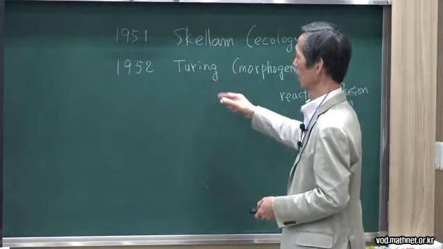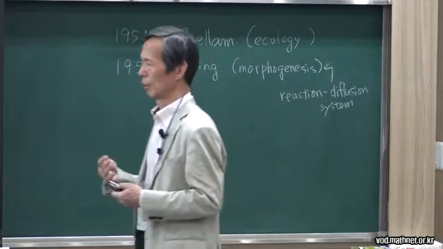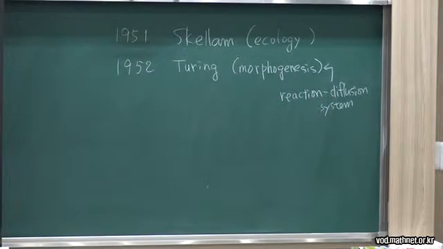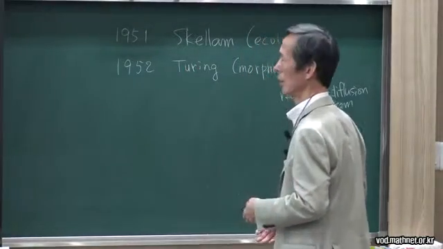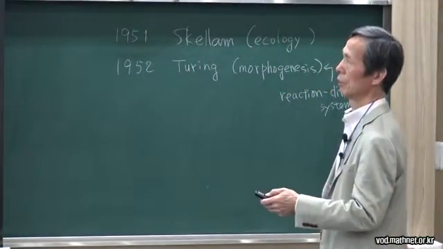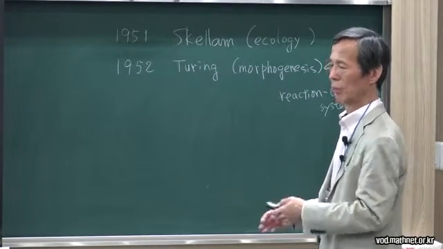But in any case, his work is not limited to morphogenesis. What he discovered is that diffusion could create instability.